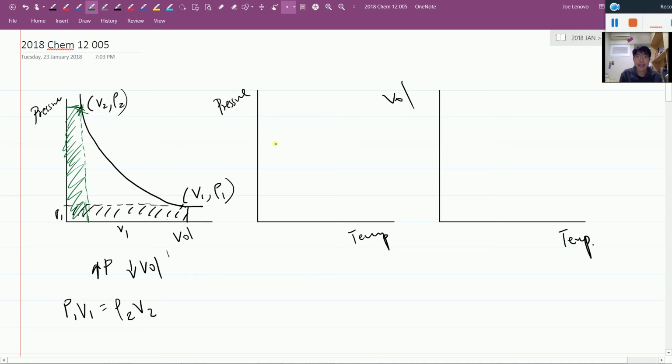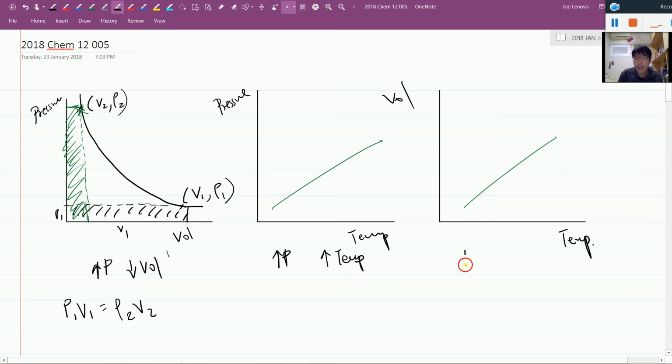And then the second graph and the last graph are way more straightforward. What do they look like? A straight line and a straight line. As you will remember what I said before, increasing the pressure is accompanied by increasing the temperature. The higher the temperature, the higher the pressure.